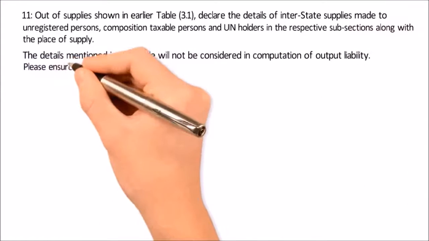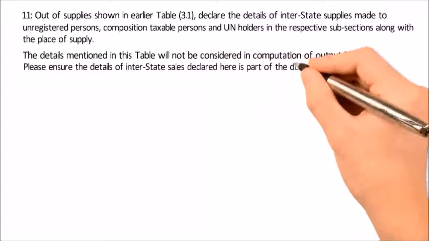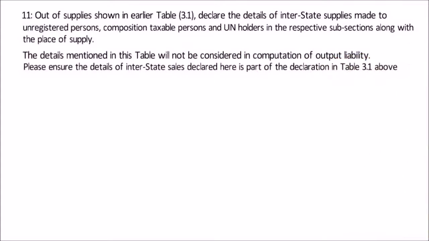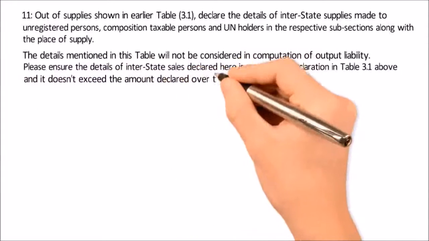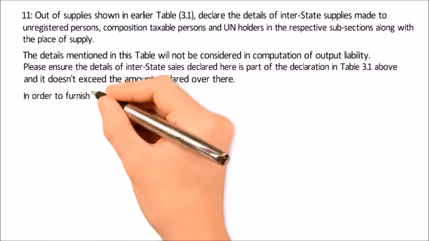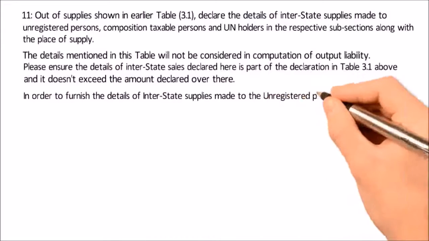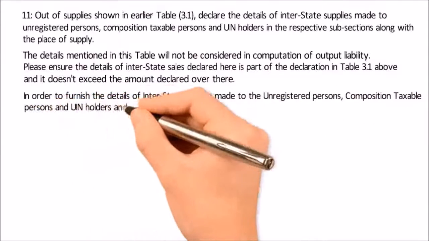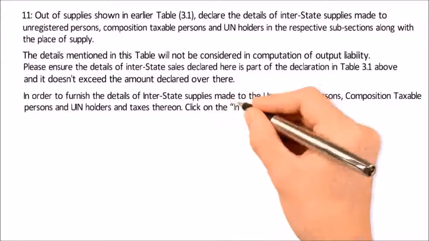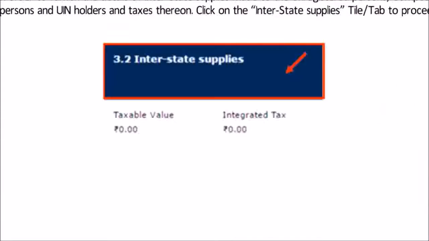Please ensure the details of interstate sales declared here are part of the declaration in Table 3.1 above and do not exceed the amount declared over there. In order to furnish the details of interstate supplies made to unregistered persons, composition taxable persons and UIN holders and taxes thereon, click on the Interstate Supplies tile to proceed further.